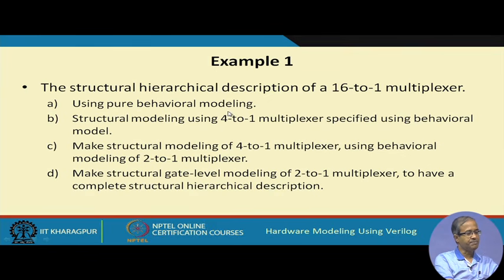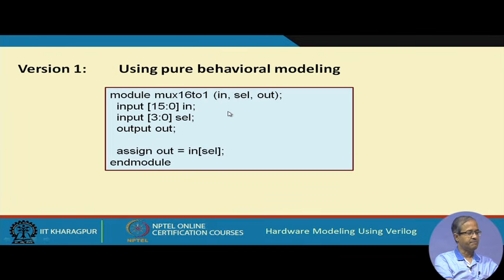So, we start with pure behavioral modeling, very simple. This is the complete Verilog module for a 16:1 mux. You see, for a multiplexer, as I said, there are 3 parameters. This in and sel are the input lines and the select lines.